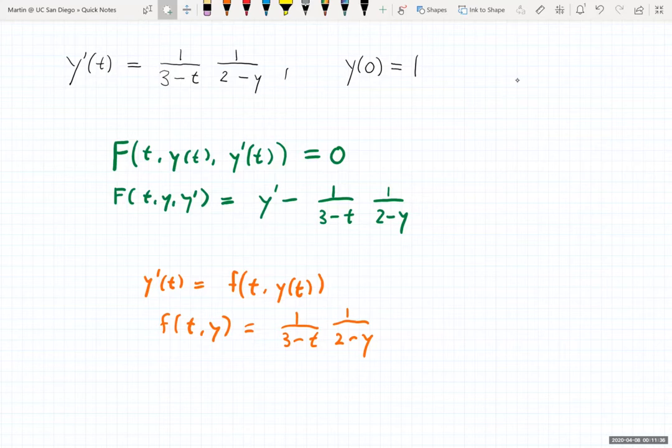So within the framework of the Cauchy initial value problem, this differential equation can be written as y prime of t equal f of t and y of t, where this function f takes the following form, namely f of t, y is equal 1 over 3 minus t times 1 over 2 minus y. So it has a form of the Cauchy initial value problem, and we can understand a bit about the solution properties of this ordinary differential equation by taking a look at the function f in the Cauchy problem.